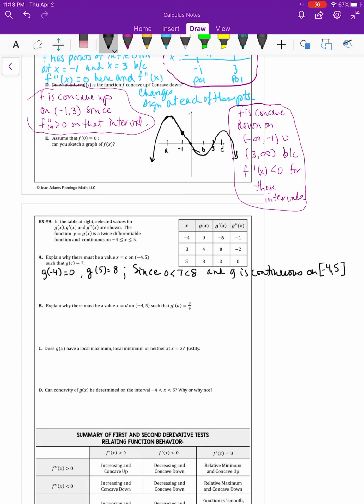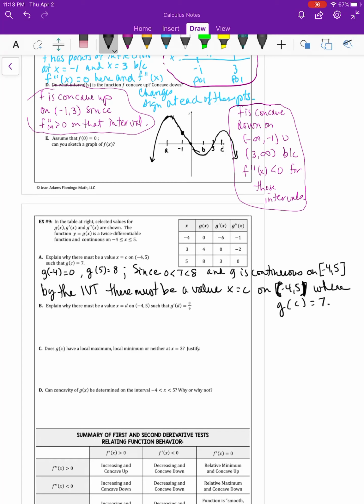They haven't said anything about average value or anything like that. So since 7 is between 0 and 8 and g is continuous on -4, 5, by the intermediate value theorem, IVT, there must be a value x equals c on -4, 5 where g of c is 7.